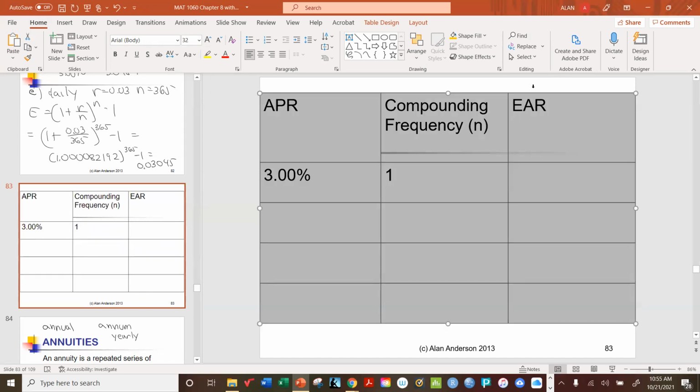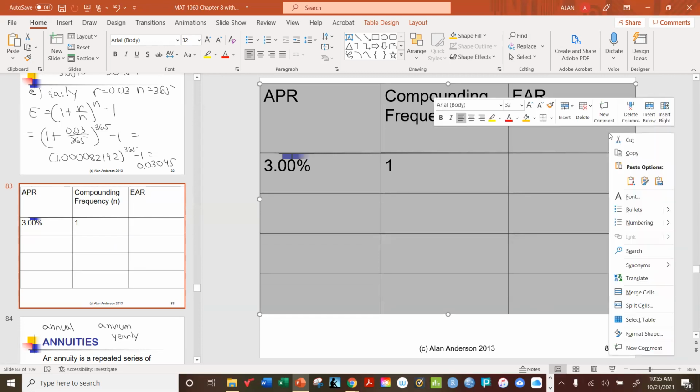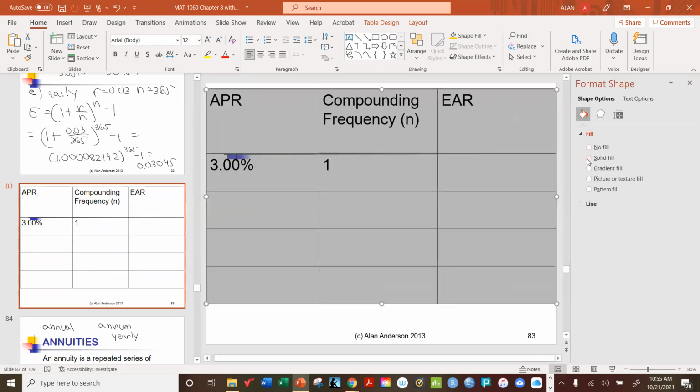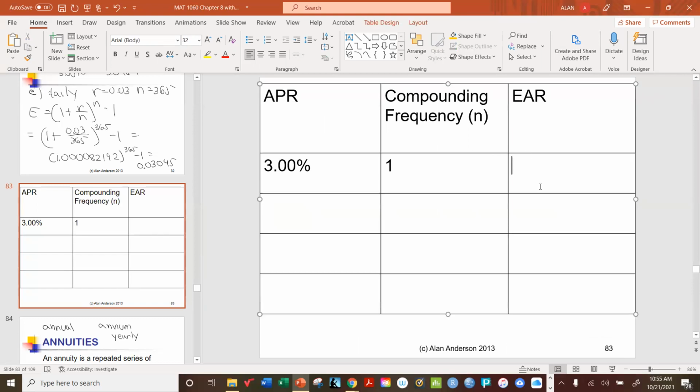Oh, now that's a nice font. Okay, here we go. So in this case, oh, no, wait a minute. Okay, that's better.